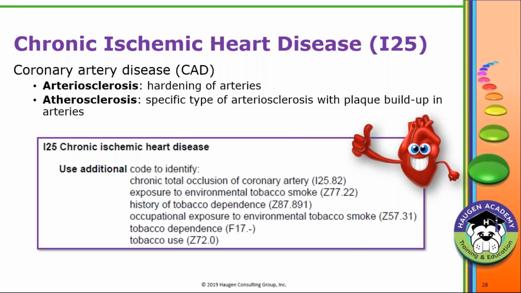So chronic ischemic heart disease is category I-25. We think this is hilarious in Colorado. And when I say hilarious, it's code humor, because Interstate 25 in Colorado is our central north and south corridor, and it's kind of tricky to get through, and it's blocked a lot.